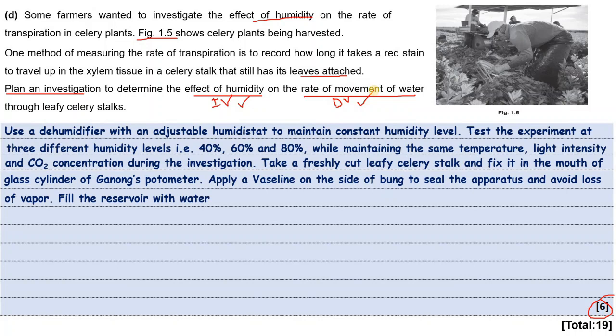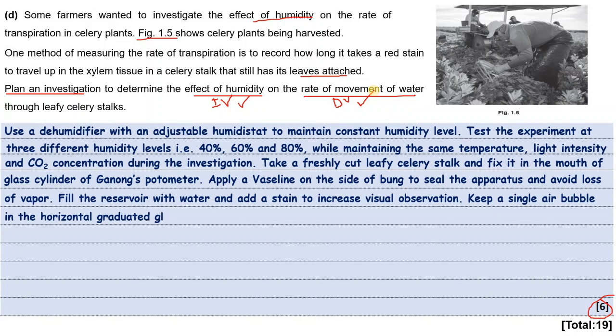And finally, we can fill the reservoir with water and add a stain to improve visual observation. Then we can keep a single air bubble in the horizontal graduated glass tube, start the timer and record the initial position of the bubble. Now this is the basic 2 to 3 step method which needs to be added to the investigation.